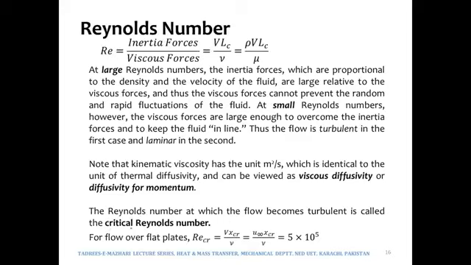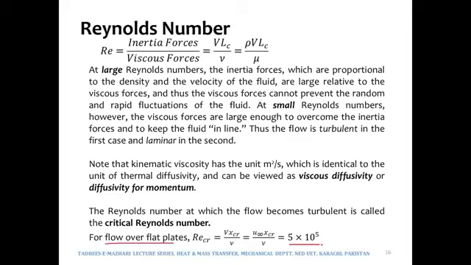Now the critical Reynolds number is in fact 5 exponent 5 for the flow of fluid over a flat plate. It is important that for a fluid flow over a flat plate, the critical Reynolds number is 5 exponent 5.